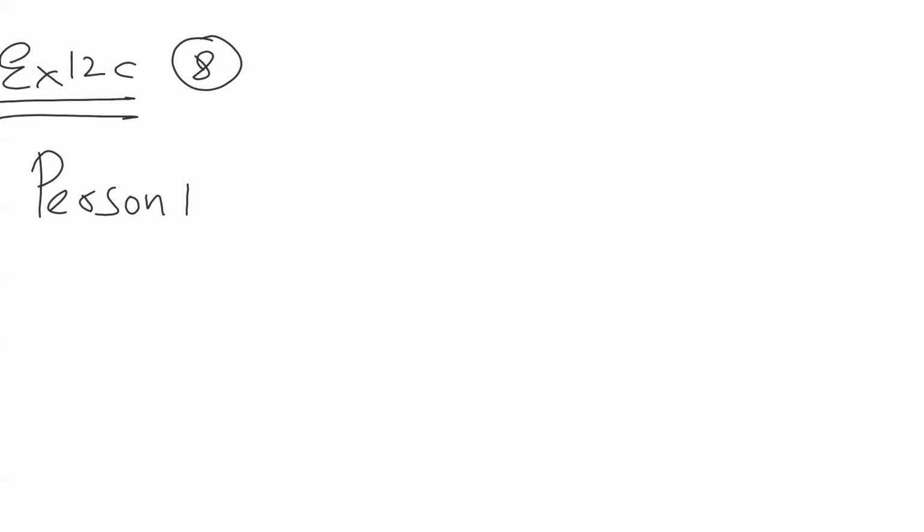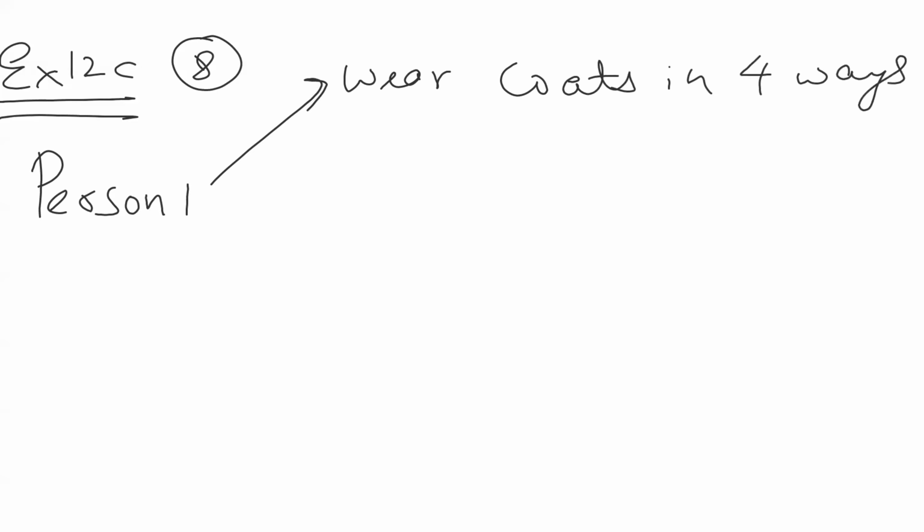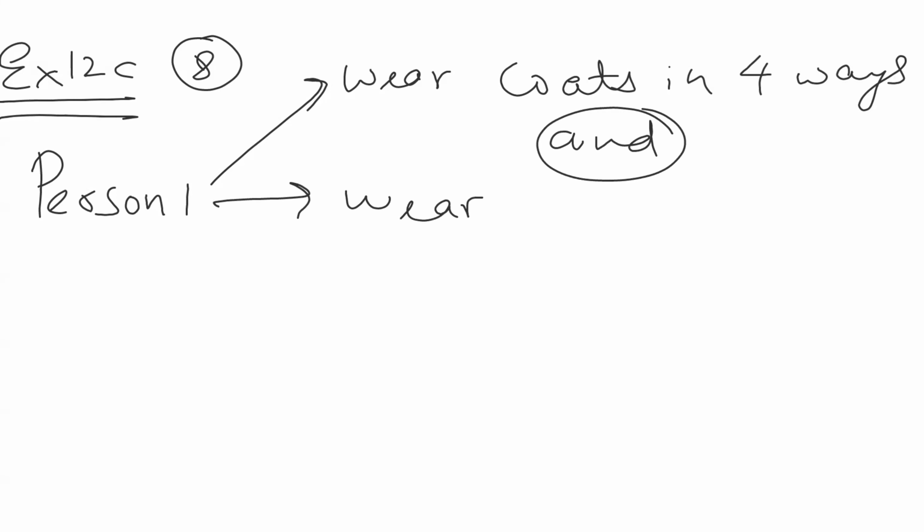Now, person number 1 can wear coats in four ways because there are four options. Four coats are there, so he can utilize any one option over there. And he can wear waistcoats in five ways because there are five options.